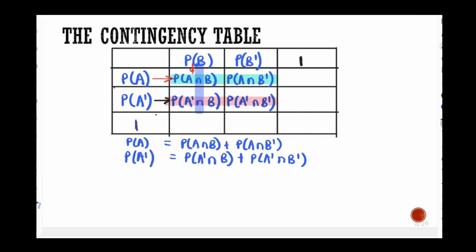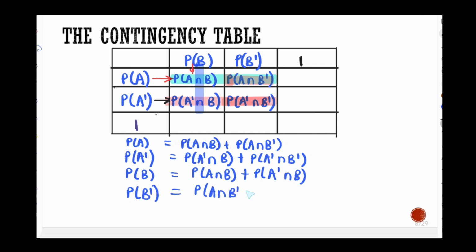So it means that probability of B is equal to probability of A intersection B, which is this, plus probability of A complement intersection B. Then if I want to get probability of B complement occurring, it means that I'll have probability of B complement being equal to this plus this. So I'll have probability of B complement being equal to probability of A intersection B complement plus probability of A complement intersection B complement.